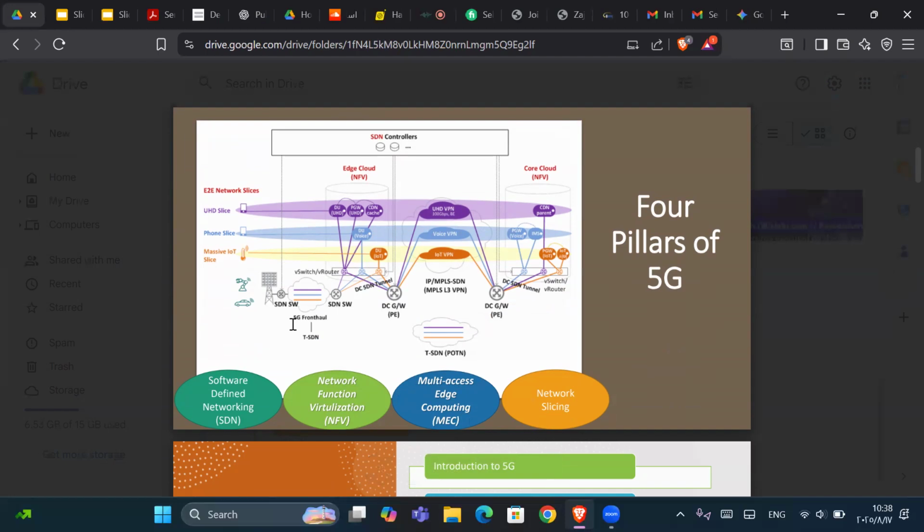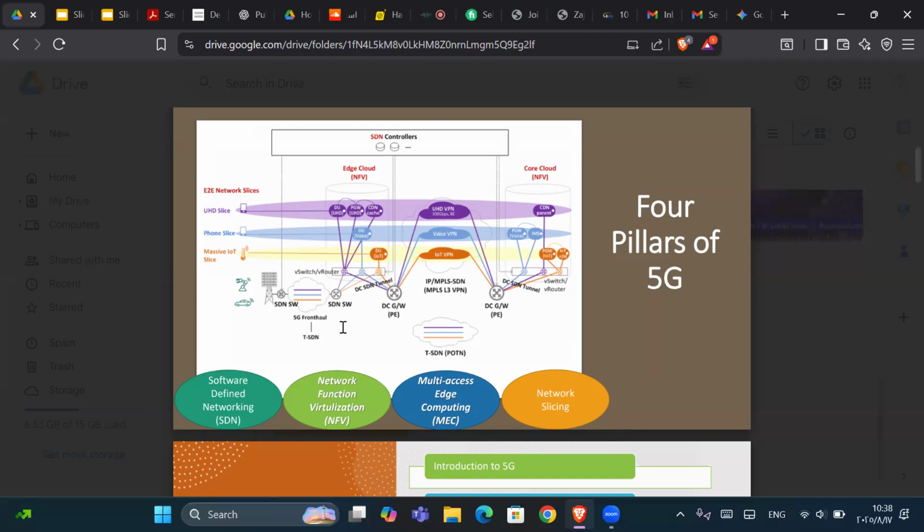You have network devices, you have your base station, and this base station is then connected to the 5G core. You have SDN service.